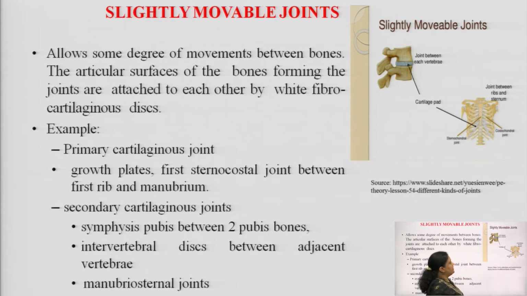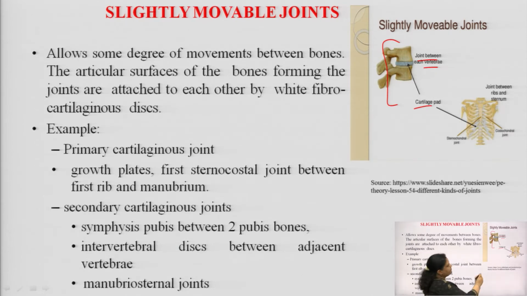See this diagram, students. This is the vertebral column, where you will see the intervertebral discs arranged in a sequential manner between each vertebra. So, the joint between each vertebra is an example of a slightly movable joint. Another is the presence of a cartilaginous pad, which provides support and joining fixation of the 12 pairs of ribs with the sternum.